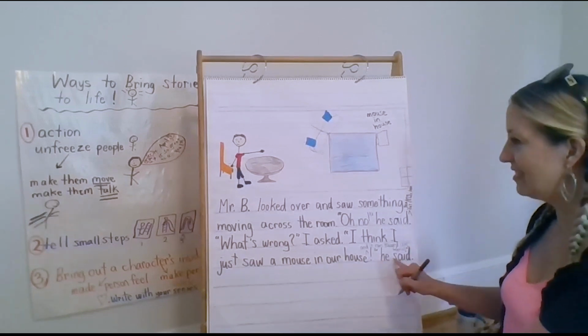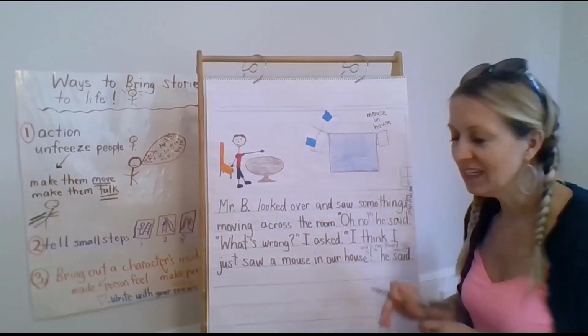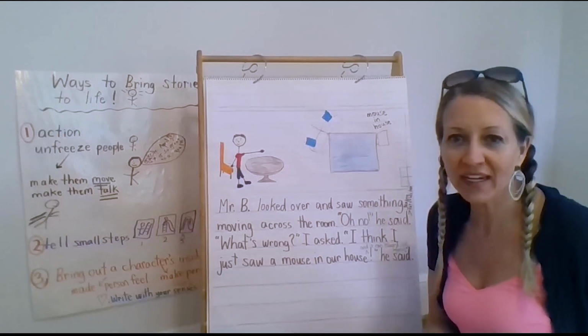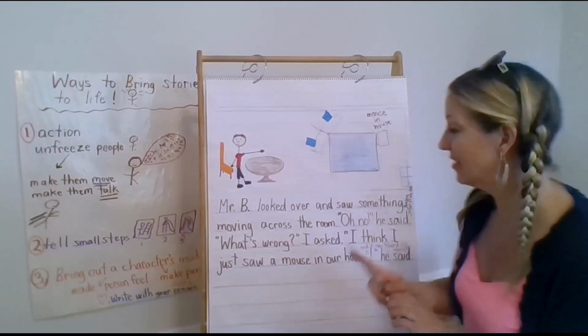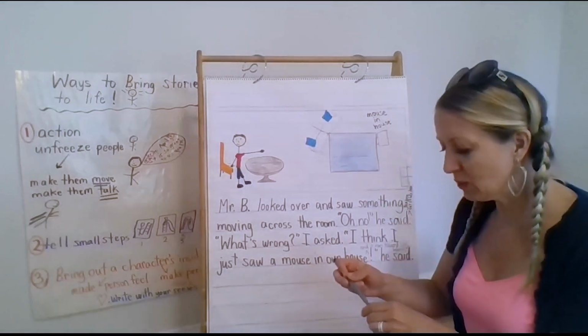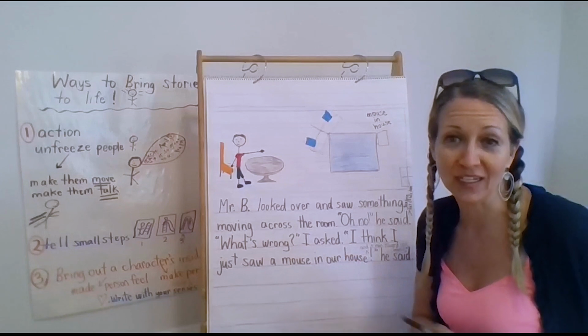Exclamation point, he said. And then he said, "Quick, get a box." And I thought, maybe we're going to need more than one box, so let's add that, right? As soon as we saw it, we knew we would need to capture it.